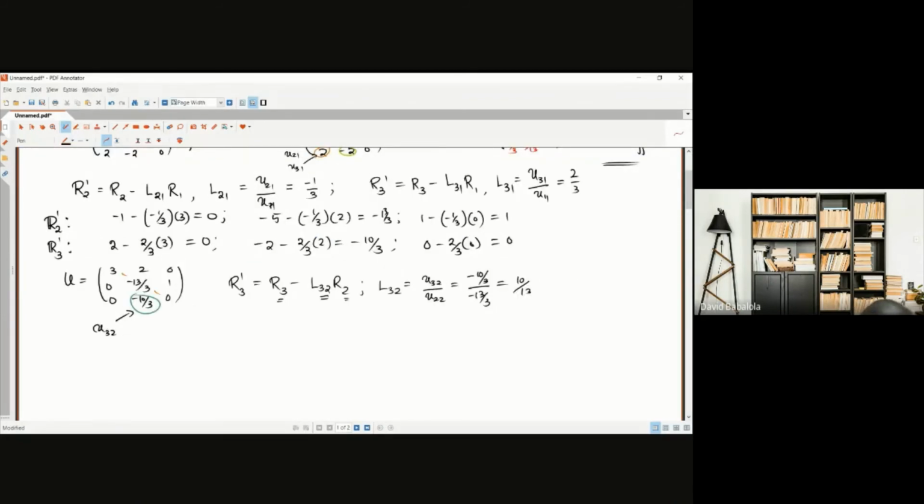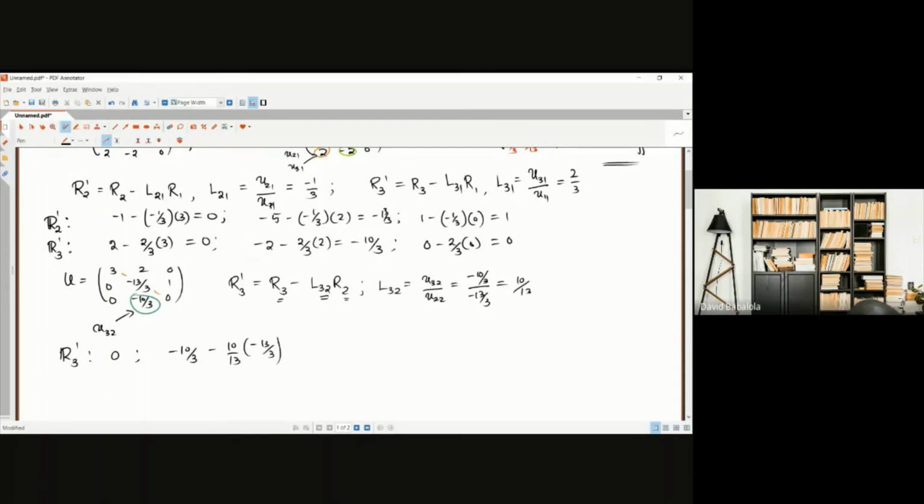All right, so now what does our row 3 look like? The first entry there, 0, will remain 0. The second entry will be minus 10 over 3 minus our multiplier, which is 10 over 13, times row 2's entry minus 13 over 3.